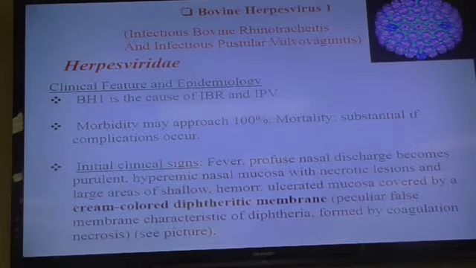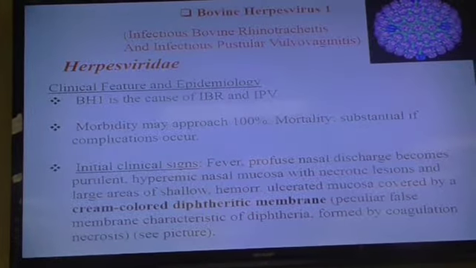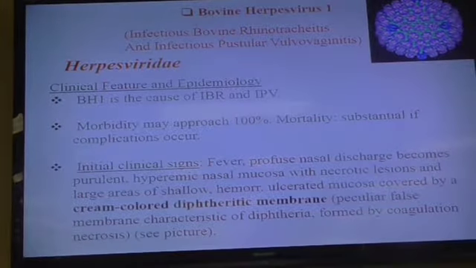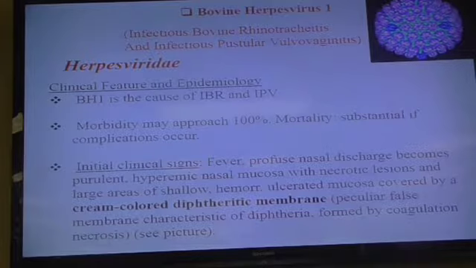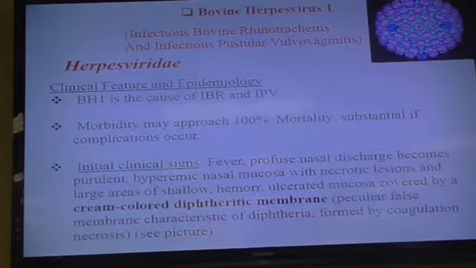No answer. Or necrotic lesions. Okay. So hyperemia as a result of what? Viral replication in the site, isn't it? Okay, so as a result of that replication, you can have ulceration, which is complicated later on by a cream-colored diphtheritic membrane.